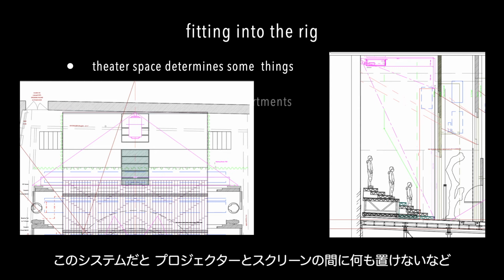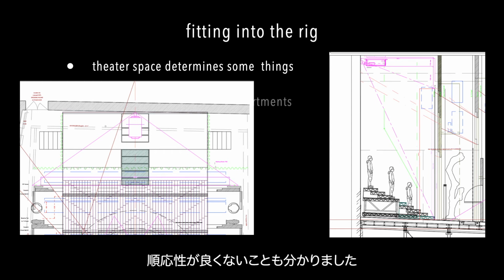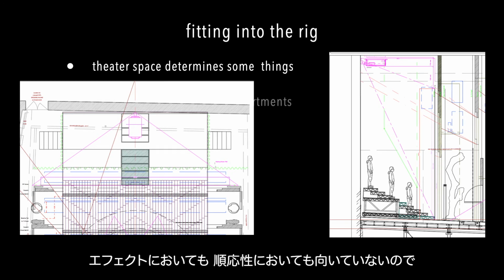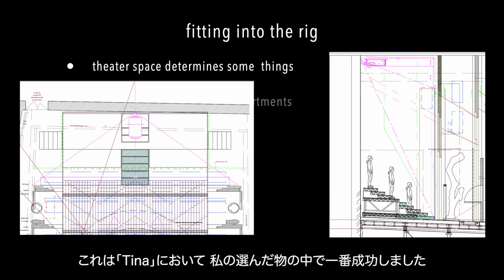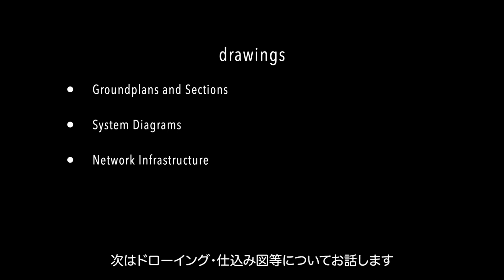That screen needs to fly, things need to pass in front of it and behind it, and we just weren't going to be able to get the effect and the versatility of that product that we needed. So we switched to LED tiles, which was probably one of the best design choices I've ever made, definitely on that show. That takes us over to drawings.